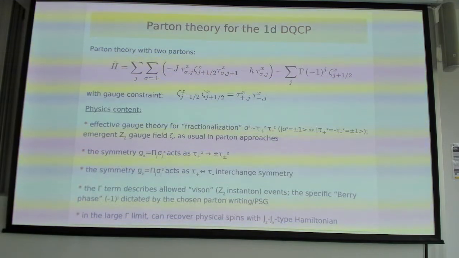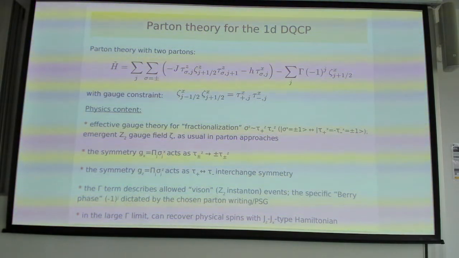And what is the meaning of this? Actually, one can arrive at exactly the same theory by formal fractionalization of the sigma z. One can cook up a fractionalization where this will be some gauge theory. I enlarge the Hilbert space, but then I select a specific subspace so that the gauge theory's physical subspace matches the spin subspace.